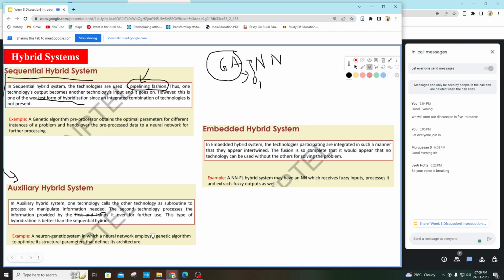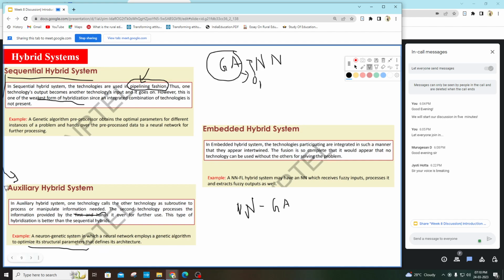Taking the example of NNGA, the NN will take help of the GA only when it needs it, to optimize the structural parameters.